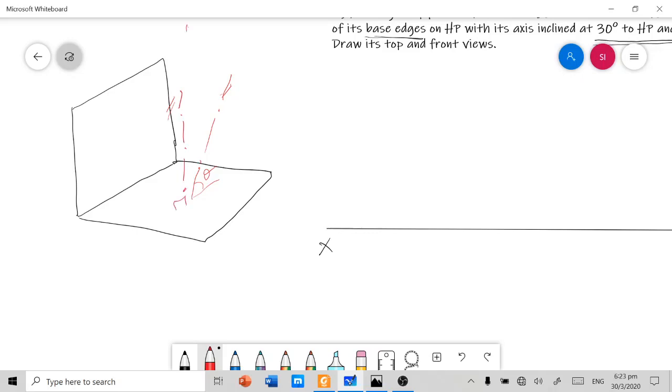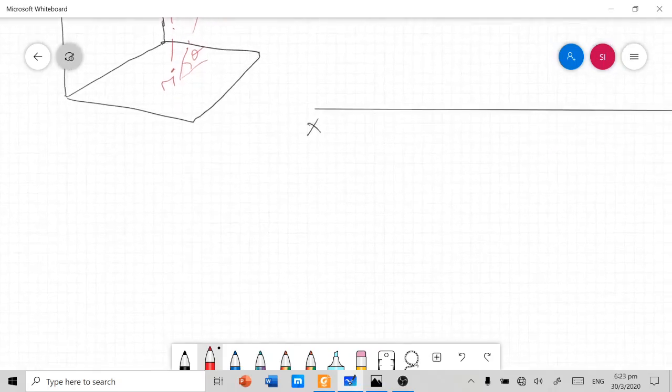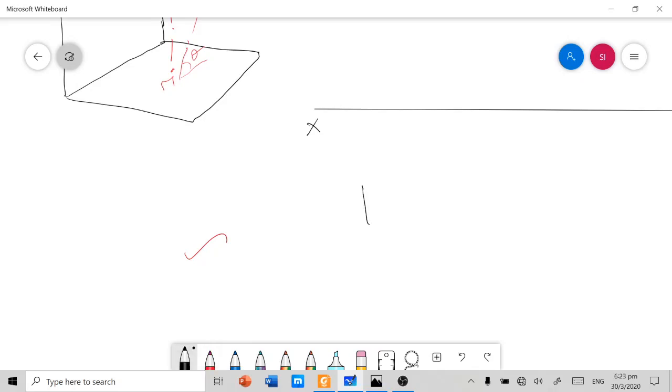In that, your hexagonal base will be viewed in the top view. So we can start the answer from the top view, and we found out where the base should be. The base view will be in the top view. And how to draw the base view? The hexagonal base can be drawn based on the resting condition of the solid in this problem.